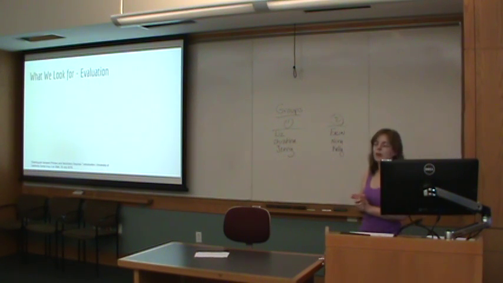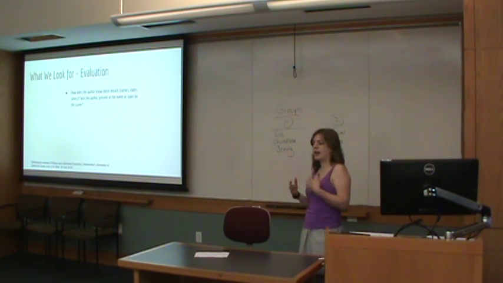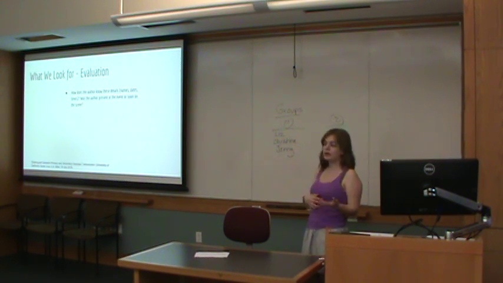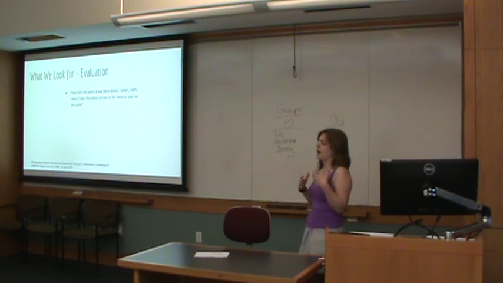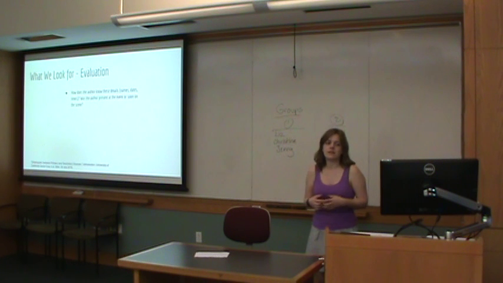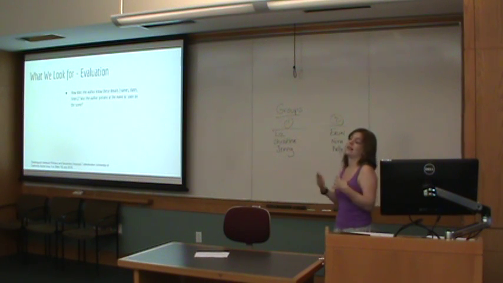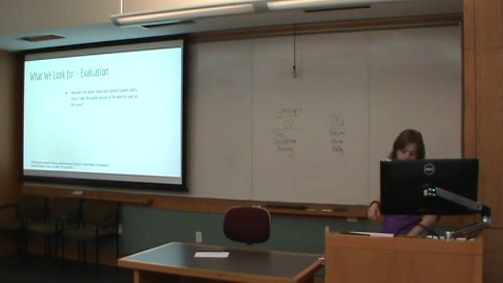Okay, so when we're evaluating a source, there are certain questions that we should be asking ourselves so that we can see whether this is a primary source directly from the event, directly from a first-person perspective, or if it's something that maybe the author learned about and talked about after the fact, or used primary sources in their examination.